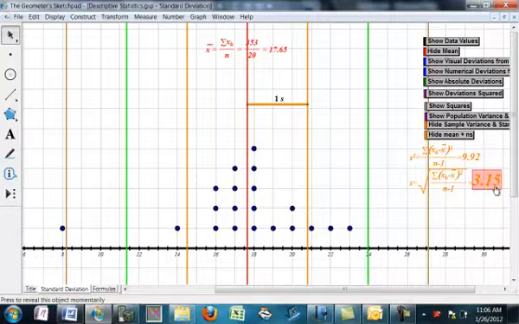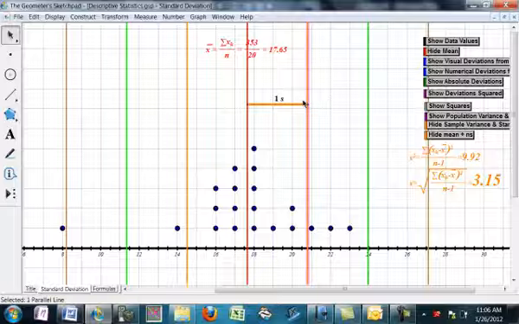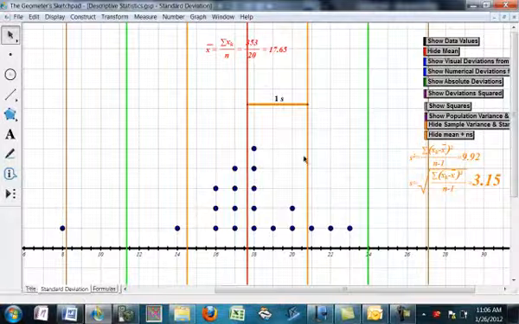In this case, the standard deviation at this moment is 3.15, and that's represented by the distance of this little orange bar right here that says 1s on it. In other words, the distance from the red mean line to this orange line is 1 standard deviation. The x value on the red line is 17.65 at the moment.